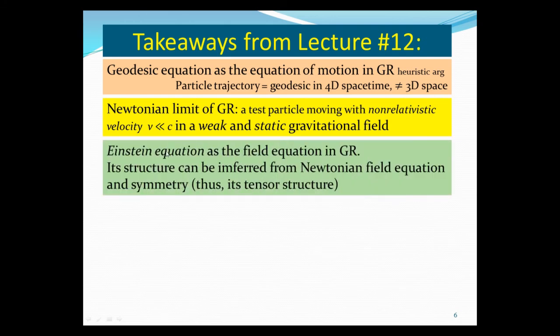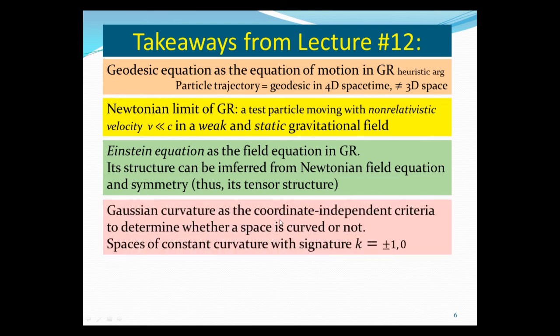And then we started looking for the field equation in GR, which is called the Einstein equation. Its structure can be inferred from the Newtonian field equation and from symmetry, and this way you can fix the tensor structure. And the Gaussian curvature is a coordinate-independent criterion to decide whether the space is curved or not.